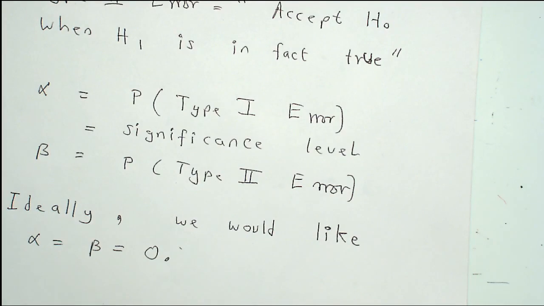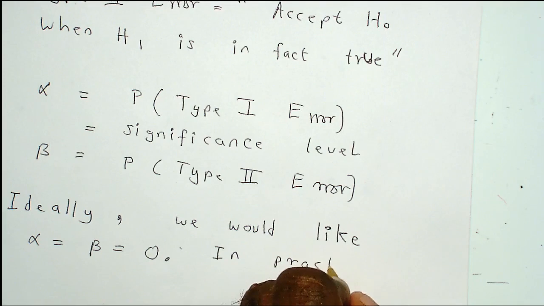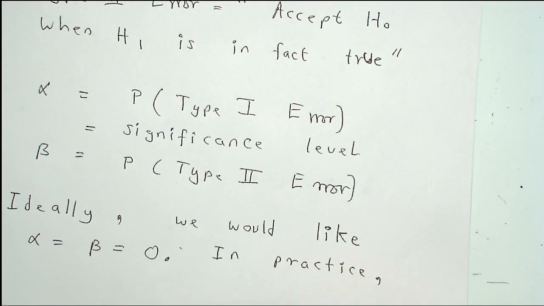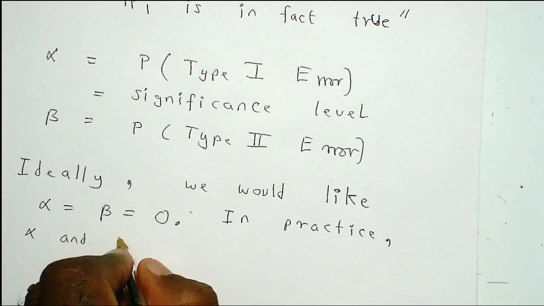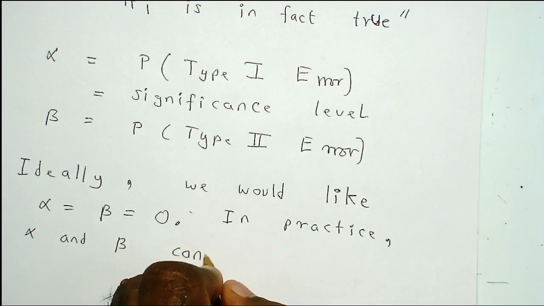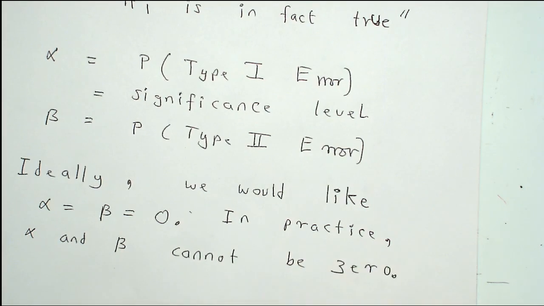Ideally, in the ideal world, which is never there, the world is never ideal, we would like alpha and beta to be equal to 0. But in practice, in the practical world, alpha and beta can never be equal to 0.